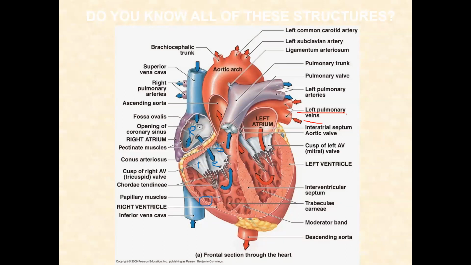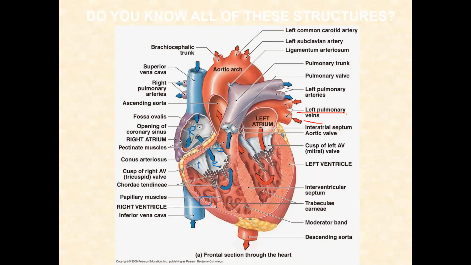Now, the pulmonary veins are the only veins in the body that carry oxygenated blood. All the other veins carry deoxygenated blood. But all veins carry blood to the heart, right? So if I ask you to tell me something true of all arteries, you can say all arteries carry blood away from the heart.